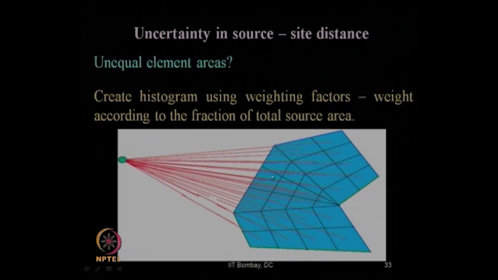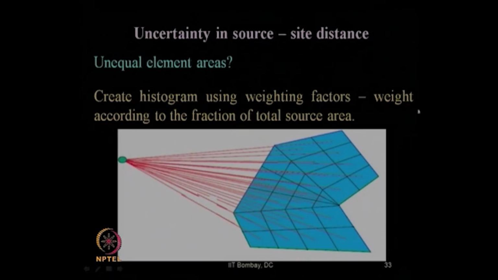But if you have an irregular shape of the source, and you are not able to divide it equally, you may have unequal areas. In that case, you use the weighing factor, that is, suppose this A1 by A is something different than A2 by A. Earlier it was equal, now it is different.